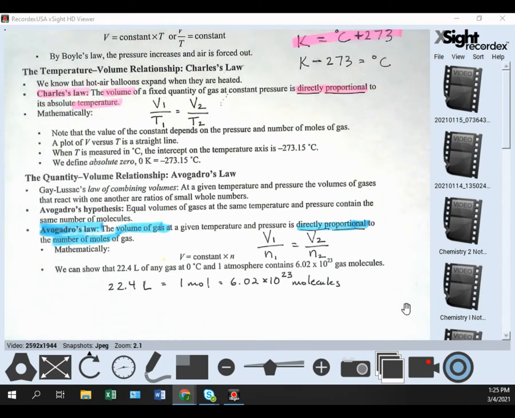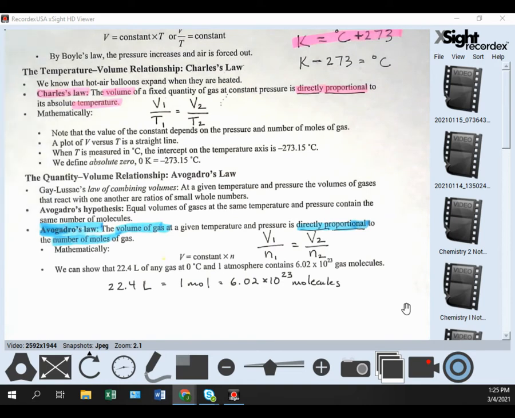It doesn't matter what gas it is. If you've got two gases in the same volume at the same temperature and pressure, you'll have the same number of molecules.